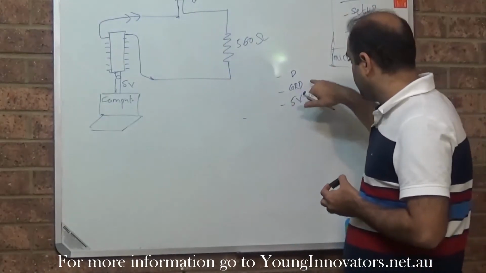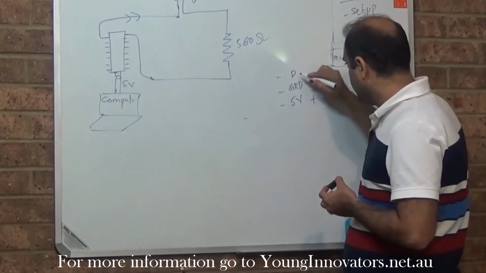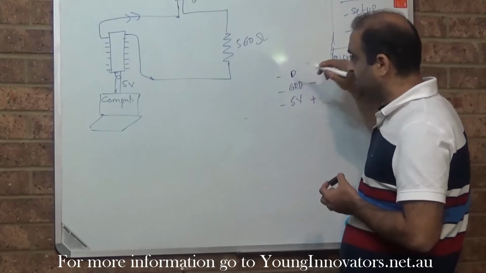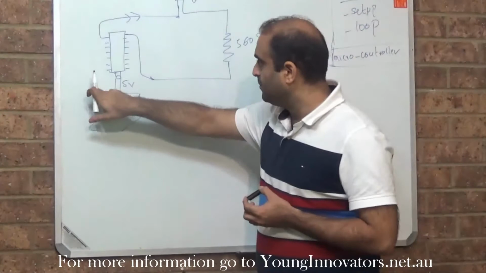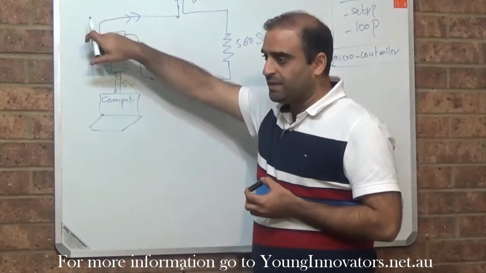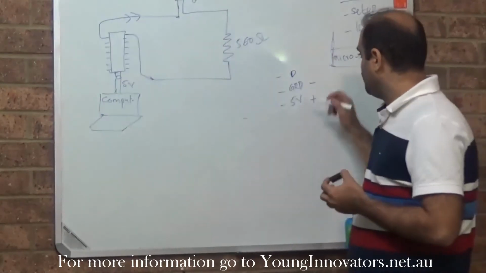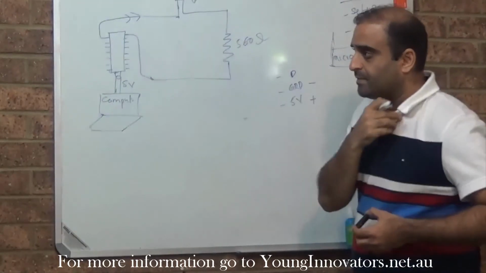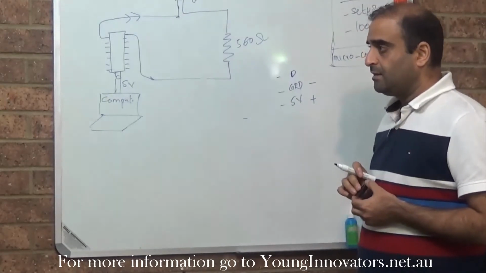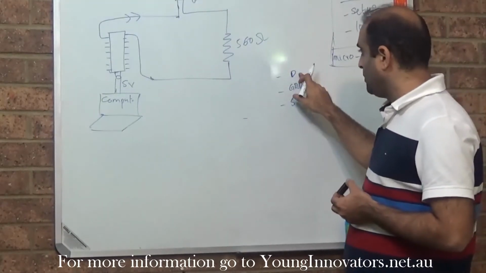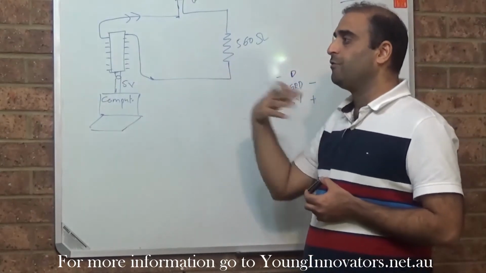Ground is negative, we started with negative. This is negative, that's positive, and D is the digital input. D is where we program when to send the input and when not to. Positive and negative power it up, and D is a communication line between the computer and the microcontroller. So D is the thing that controls the flow of current.